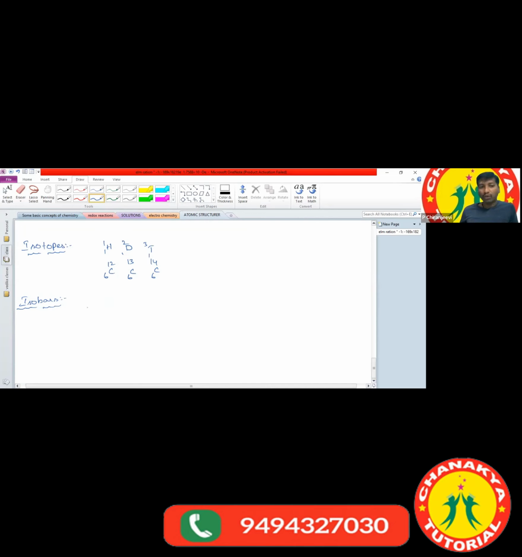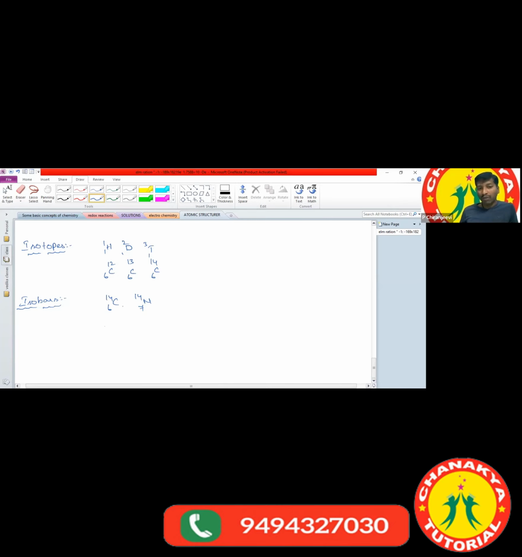The atoms of different elements having the same atomic mass but differing in their atomic numbers are called isobars. Sir, what are the examples? Carbon 14, C6 and nitrogen also exhibits as 7 and 14. These two we can consider as isobars.